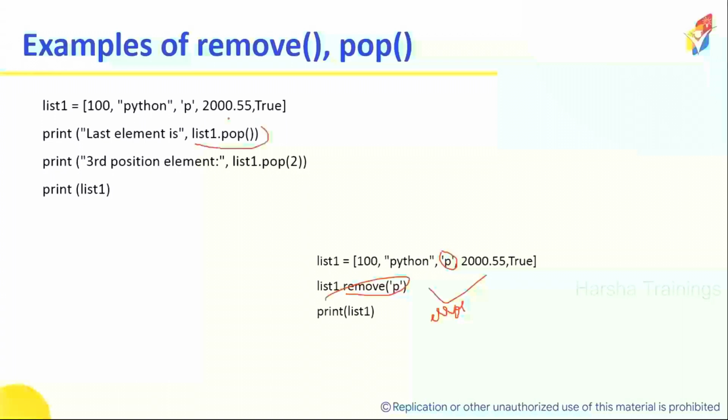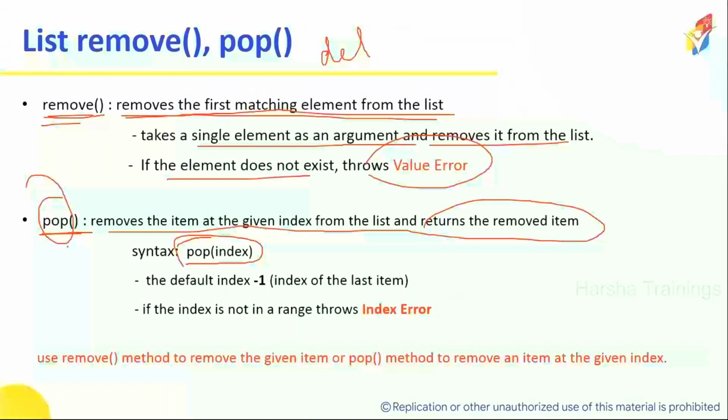If I don't give any argument for pop, it always removes the last element. Pop of 2 means it will remove the element at index 2. The default index is -1, which means the last element. If the index is not available, it is going to generate an index error.